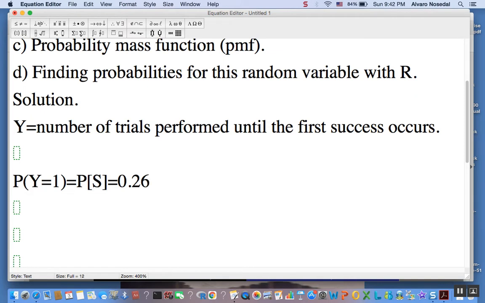That one was easy. Now let's find the probability that we need to interview two soft drink users in order to find our first Pepsi drinker. That is equivalent to the probability of the following event: a failure and a success.